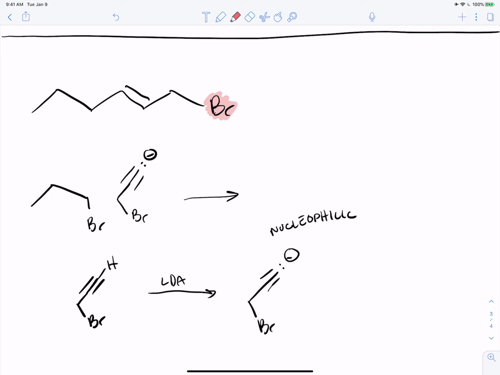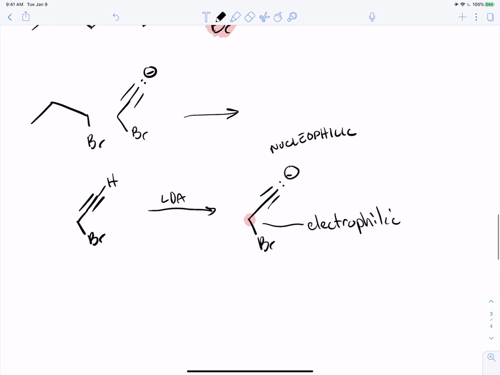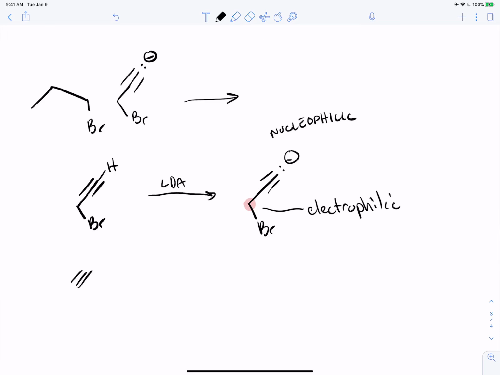But then right here, this part is electrophilic. And so the molecule will start reacting with itself. Okay, so what we would see is, because you remember there's lots of these molecules in a flask.